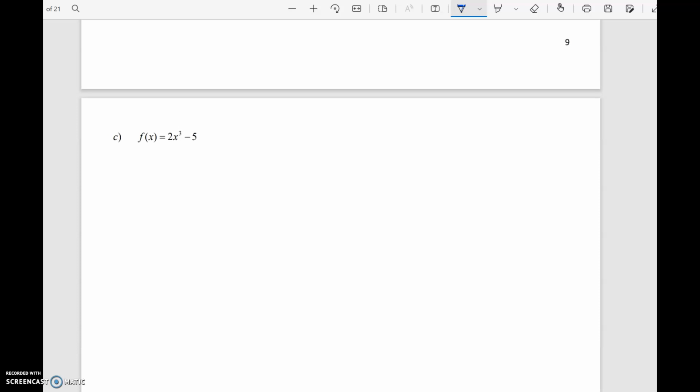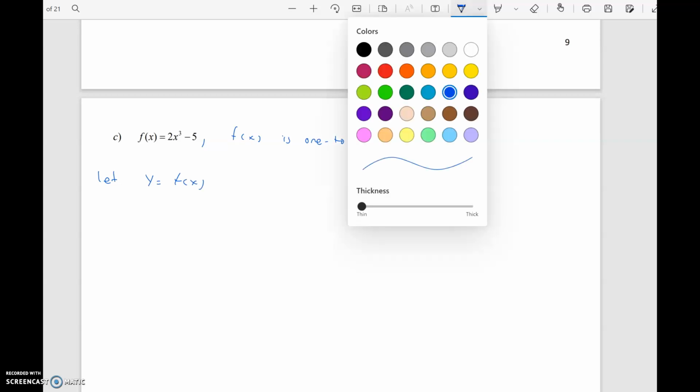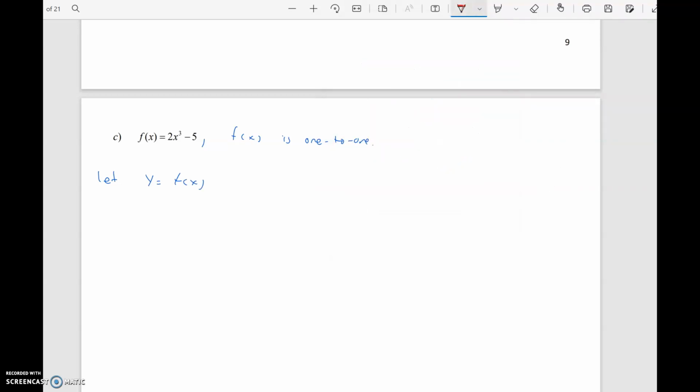And let me just put a comment. In this case, f of x is 1 to 1. And I'm just going to let y equal f of x. And then we have y is equal to 2x to the 3rd minus 5.